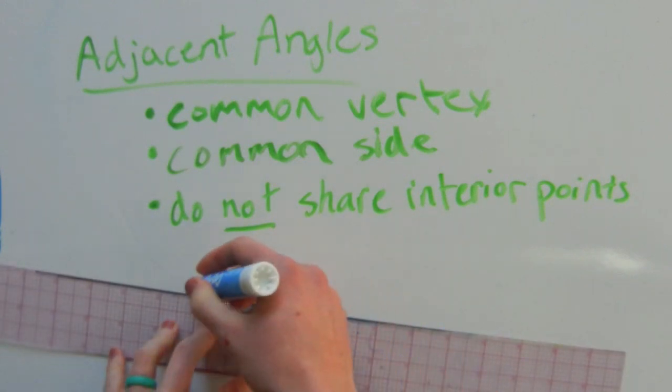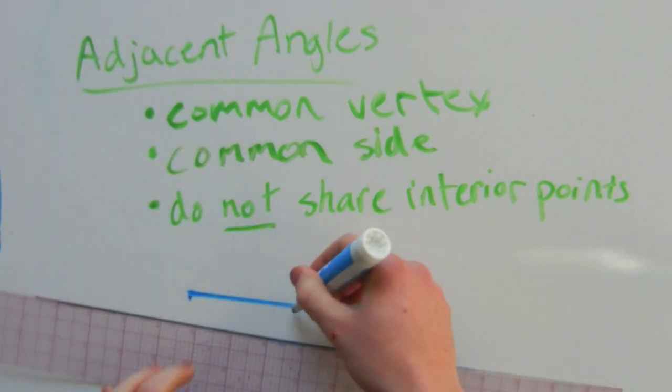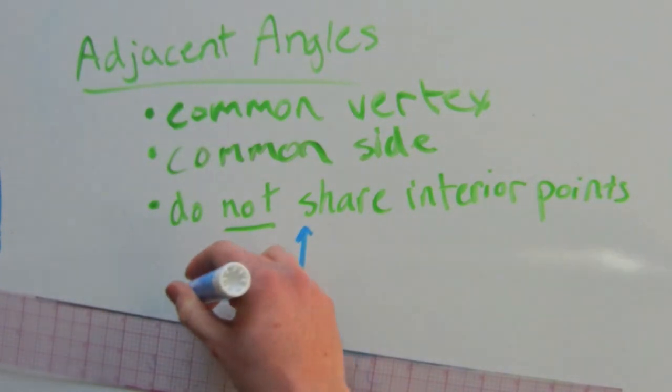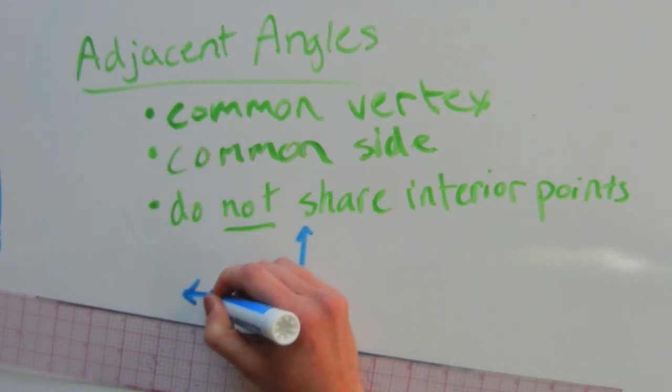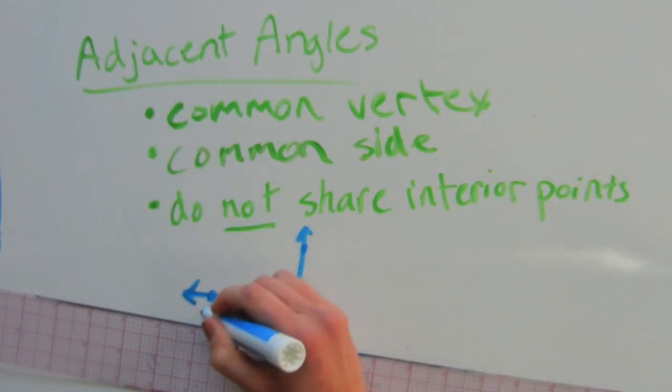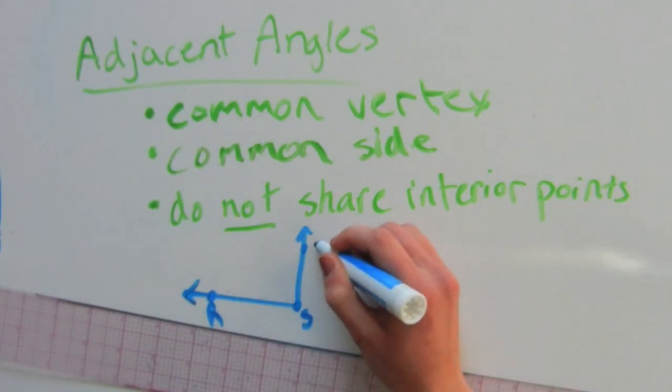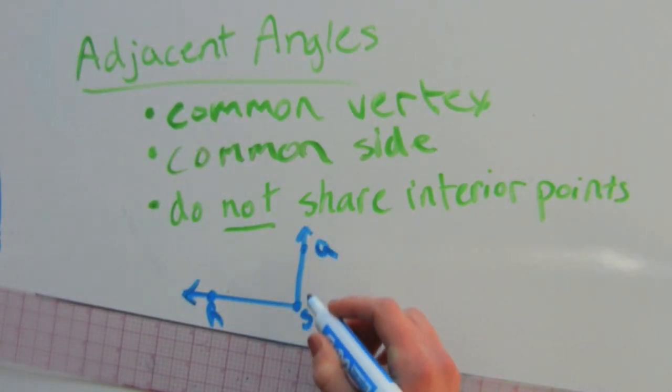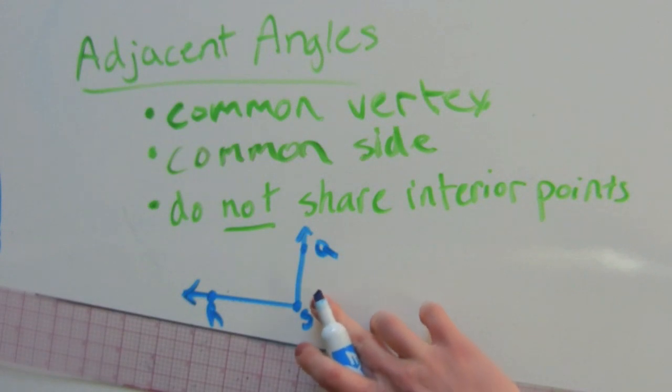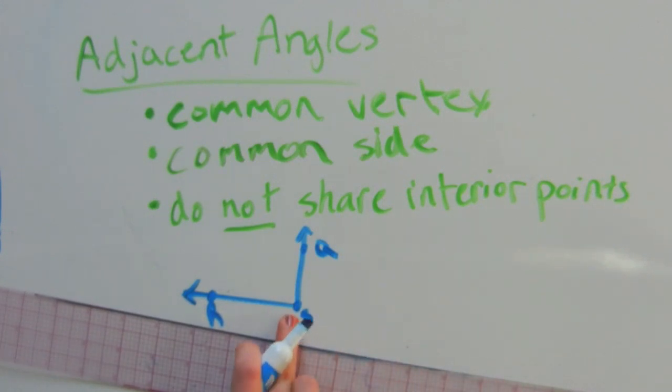That would look like, let's draw 1 angle, and we'll name this R, S, Q, and they need to share a common vertex, so there's 1 vertex S, and let's make the common side SQ.